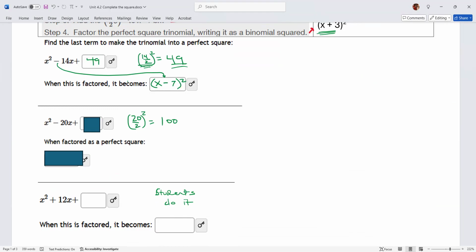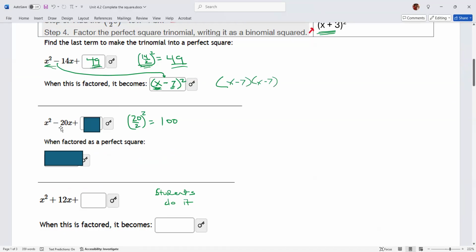So in factored form, the square root of x squared is x, the square root of 49 is 7, and then you keep the sign of whatever is in front of that b term, in this case a minus sign. So this would be x minus 7 squared. If you ever have any doubt, you can FOIL it, and you will get x squared minus 14x plus 49. Okay, so this is easy to turn into a perfect square trinomial.